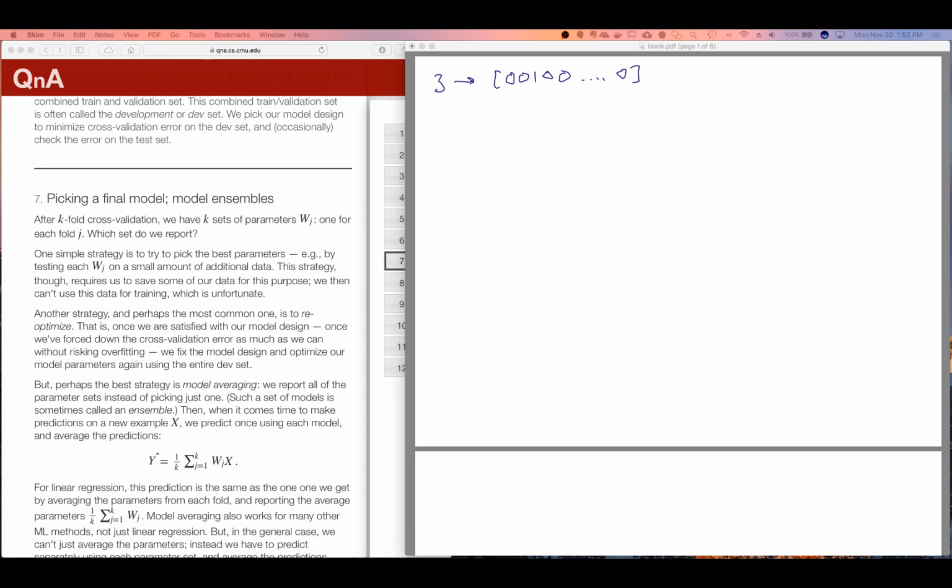Somebody's asking about the relationship between cross-validation and overfitting. Cross-validation, and the same with Bootstrap, does not by itself prevent you from overfitting. They just detect it when it happens.